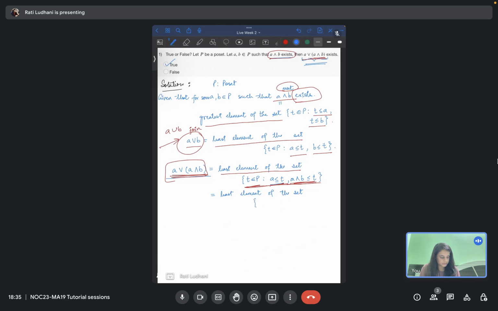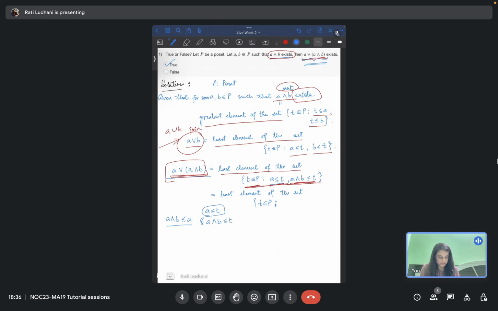The least element of this set, T belonging to P. Now you know that this is going to hold always. Now you have two conditions: A is less than or equal to T, and A meet B is less than or equal to T.